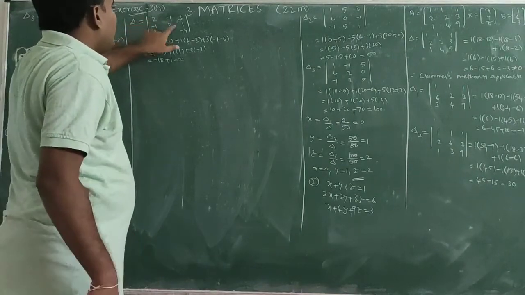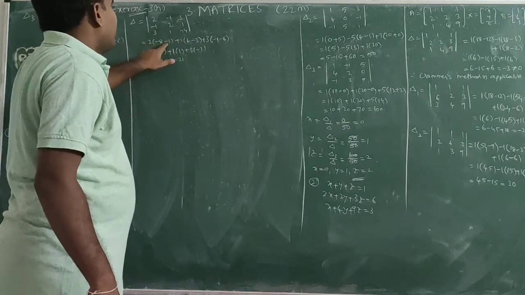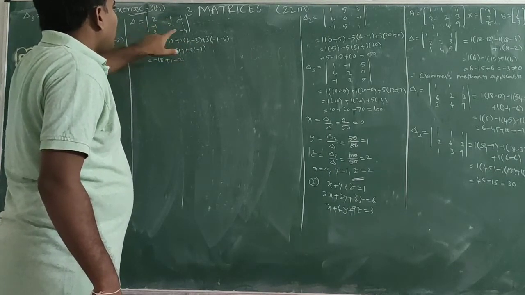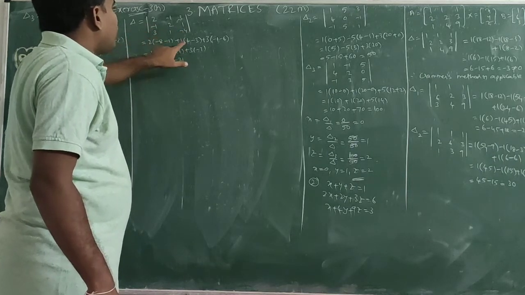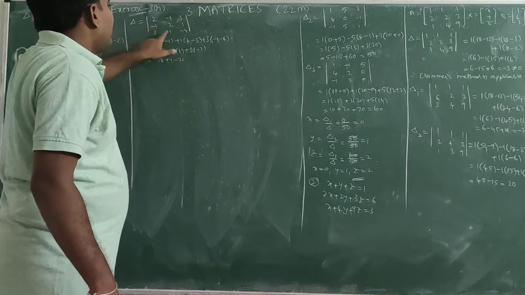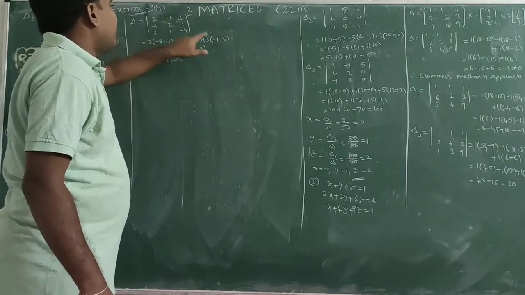2 of 2 into minus 4, minus 8, 1 into 1, minus 1. Next minus of minus, plus 1, 4 minus 1 into 4, 4, 3 into 1, 3. Minus 3 plus 3 minus 1 into 1, minus 1, 3 into 6, minus 6.